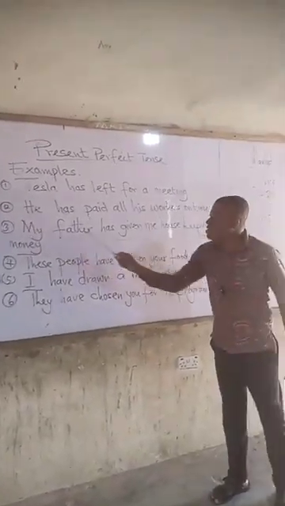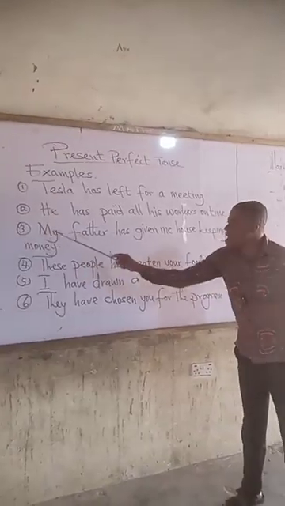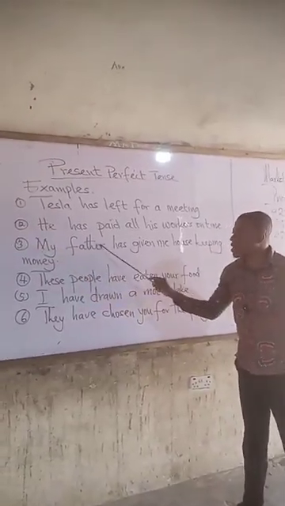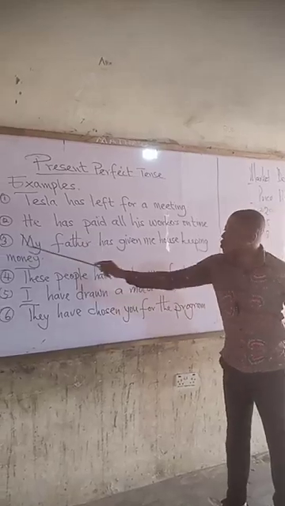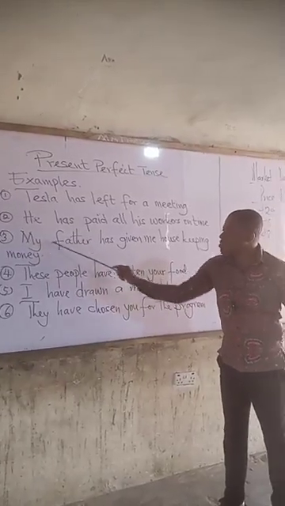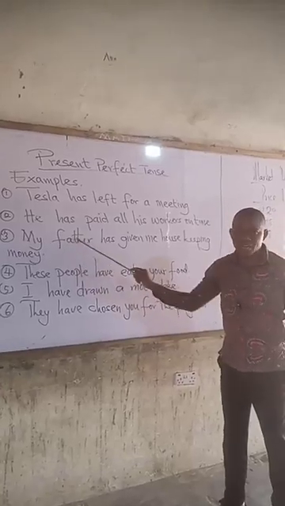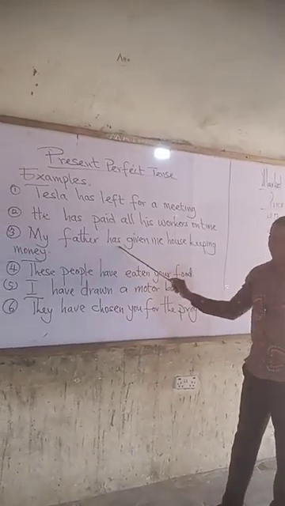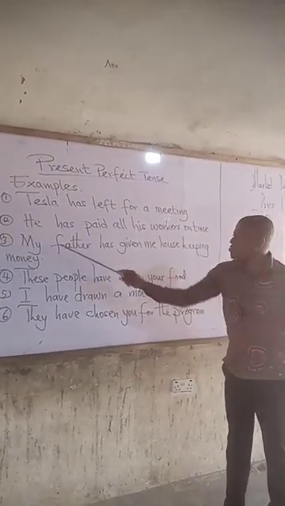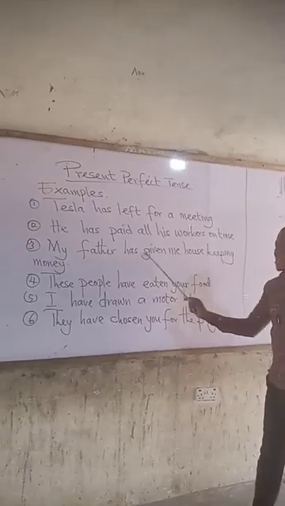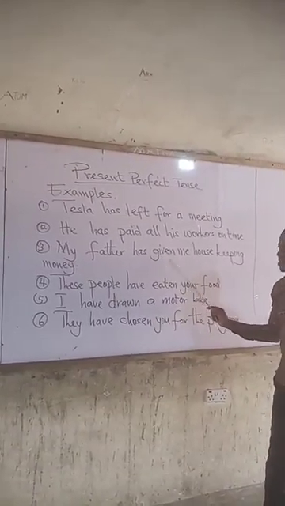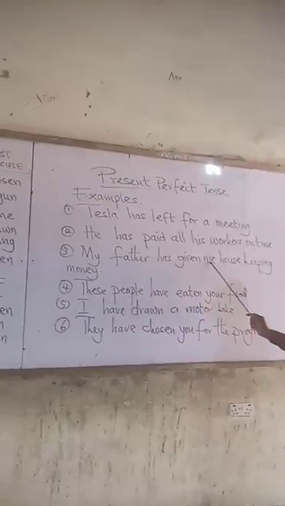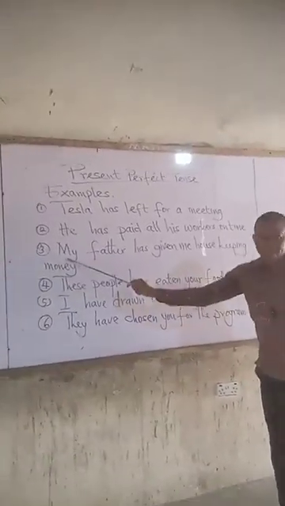Now, number 3, which is my father. My father here is also a singular subject. So, the auxiliary verb that will connote with my father is has, not have. So, my father has. Then you write the past participle, which will be given. So, my father has given me housekeeping money.